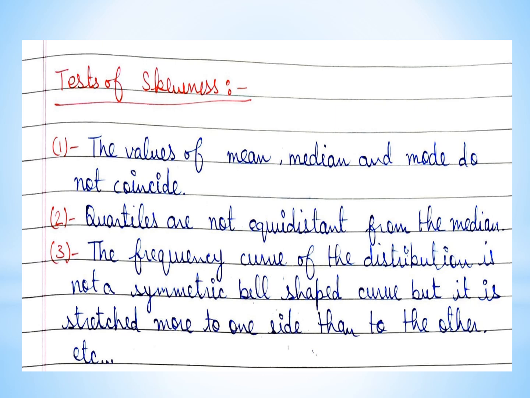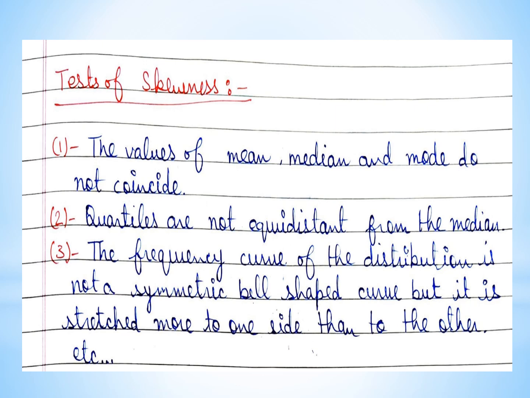Now let's understand the tests of skewness. There are three methods by which we can test the skewness of any frequency curve. The first one is the values of mean, median and mode do not coincide. And second is quartiles are not equidistant from the median.